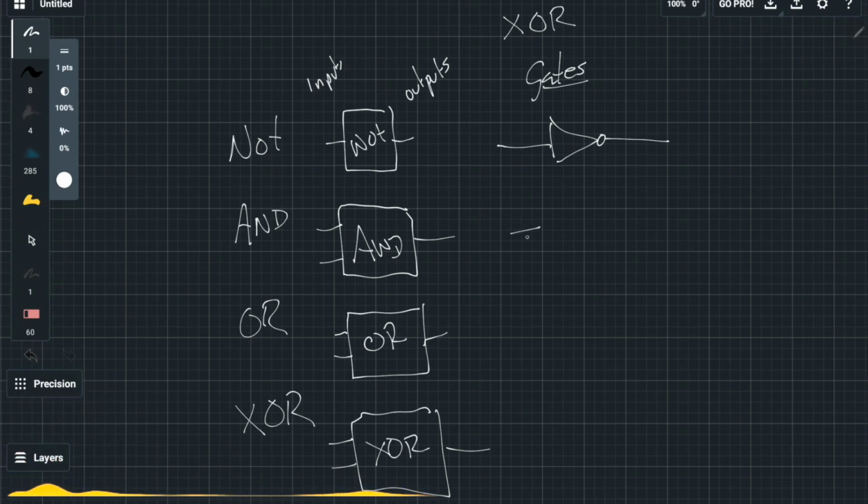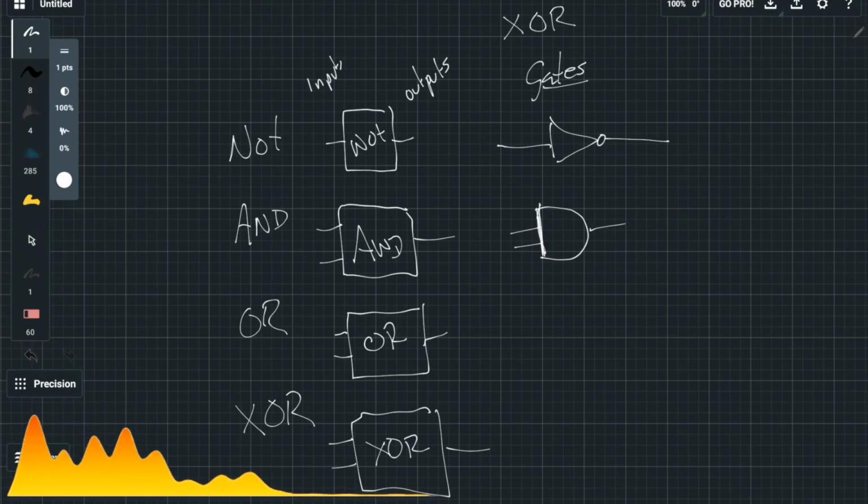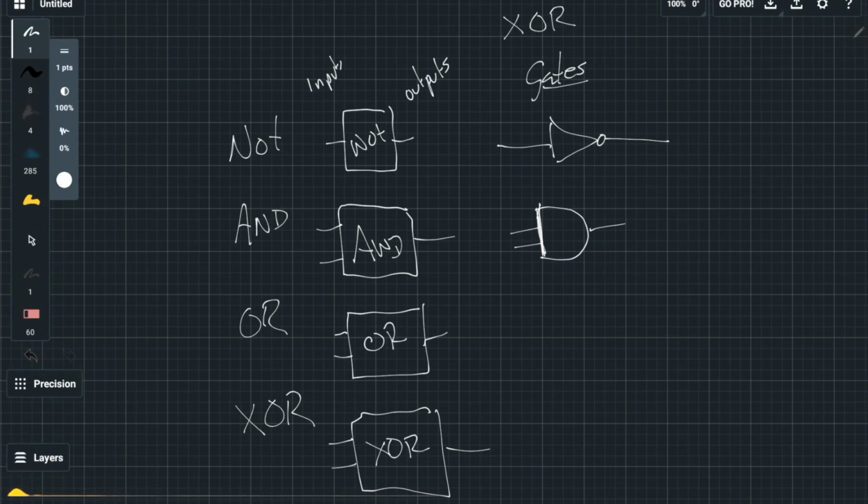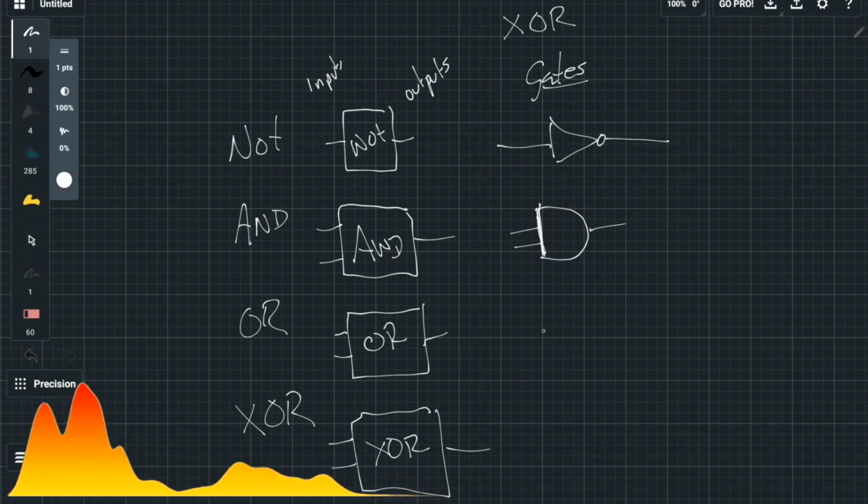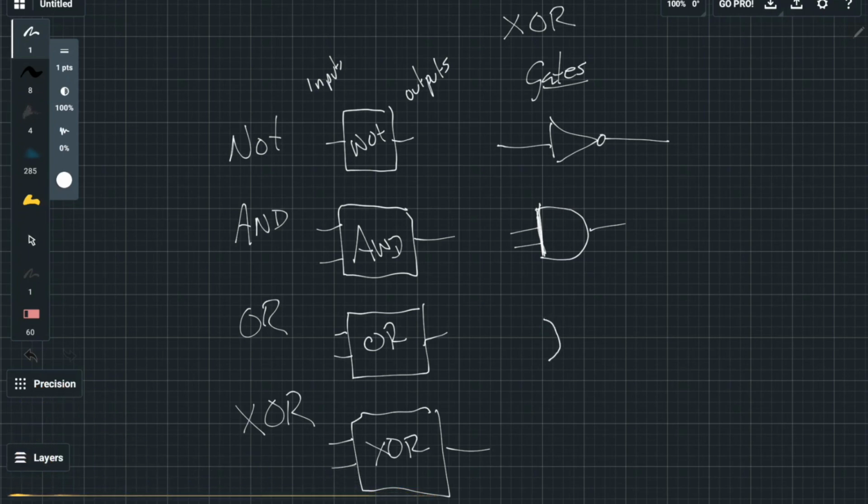So an AND is drawn this way. It's like a half circle. You have to forgive my drawing, so it looks like that. And you've got the inputs on the left side, the output on the right. Well, there's only one output. In this case, an OR. So the OR has a little bit of a different one. It's curved, and then they come up to the top.